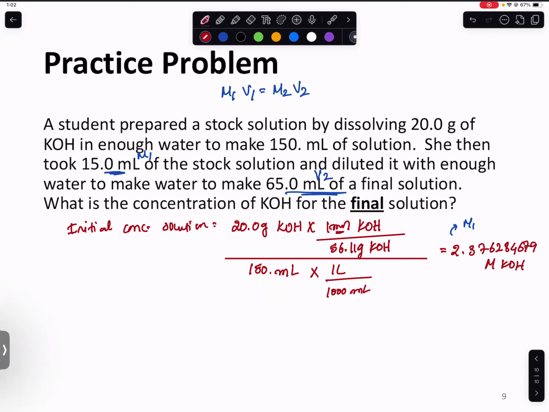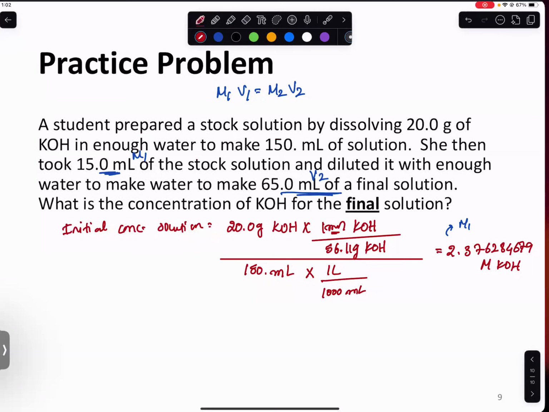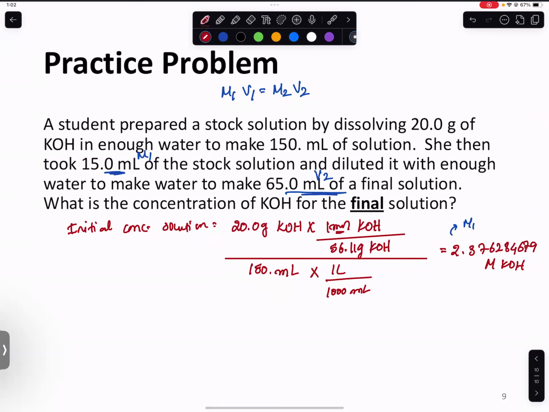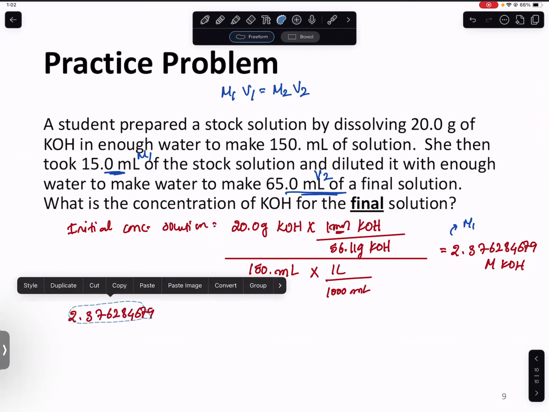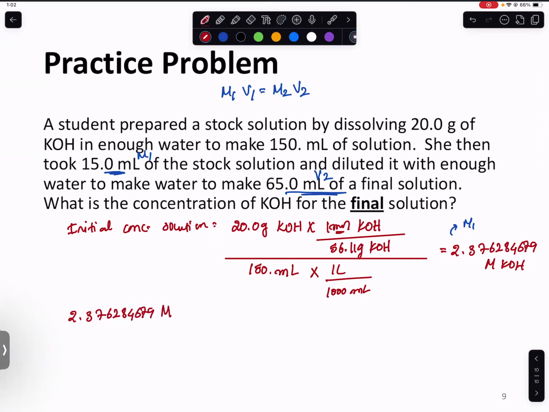So in this case, since now I identified all the variables of M1V1 equals M2V2, and I want to find M2, I will take this value right here, molar, times the 15.